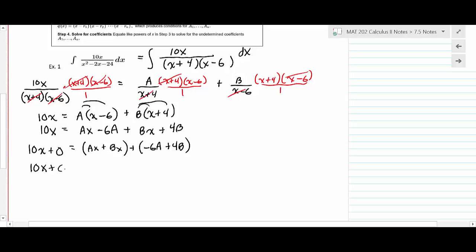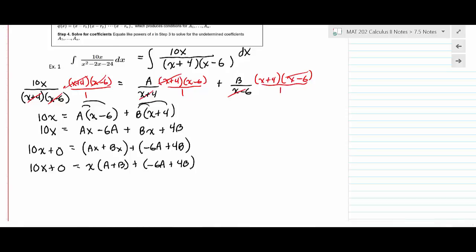So this is 10x plus 0. Factor the x out, so you'll have x times (A plus B) plus (negative 6A plus 4B), like that.